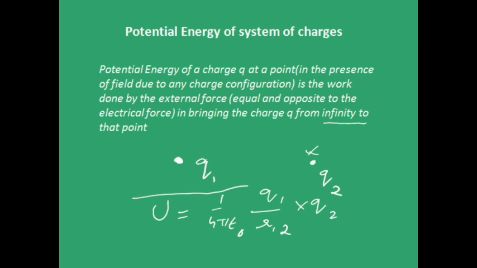This is for two charges, right? So when we are dealing with three charges, here is one charge q1, here is another charge q2. Now if I want to bring another charge q3 here, I have to multiply this charge q3 with the potential present at this point C before I brought this charge.